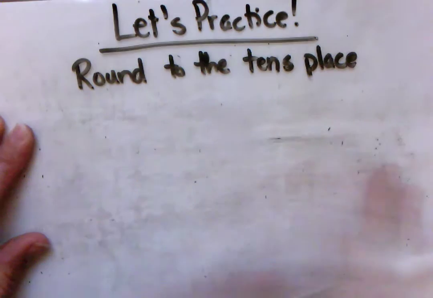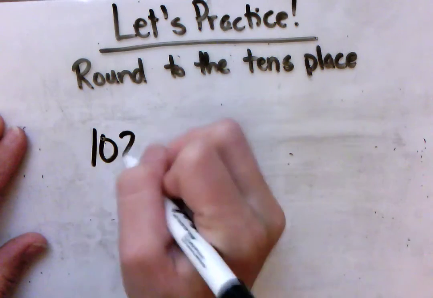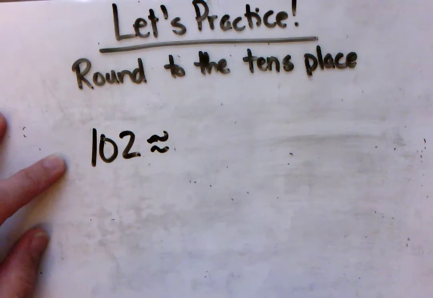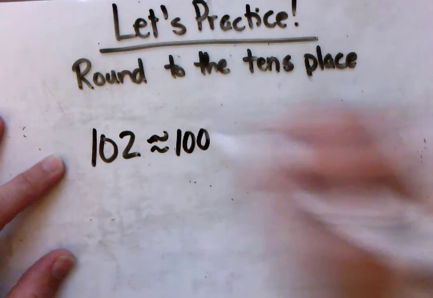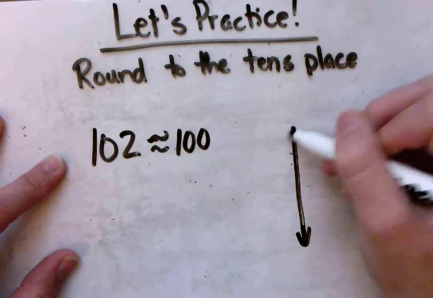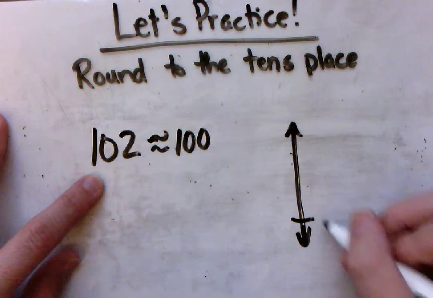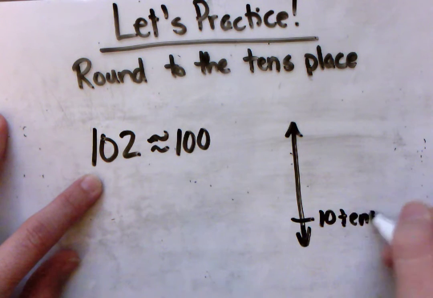What about 102? 102 would round to 100. How many tens are in 102? 10 tens.